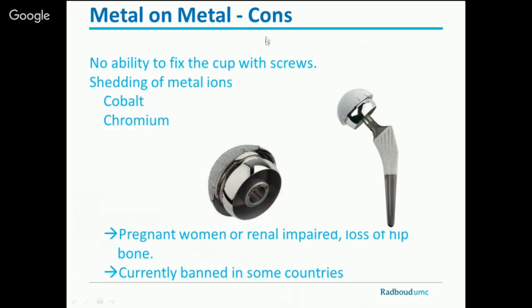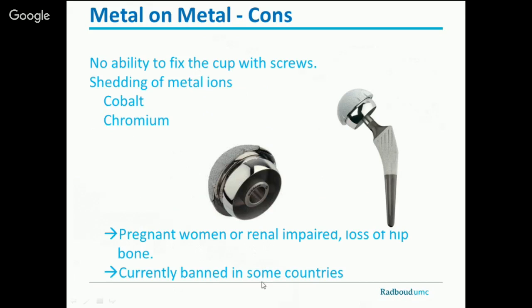The disadvantage is, however, the wear particles. It's not a large volume of wear particles, but the wear particles that we get are perhaps toxic. That's why they would never put it in pregnant women or women who expect to have babies, or people with kidney problems. And the problem is so big that they currently ban it in some countries.